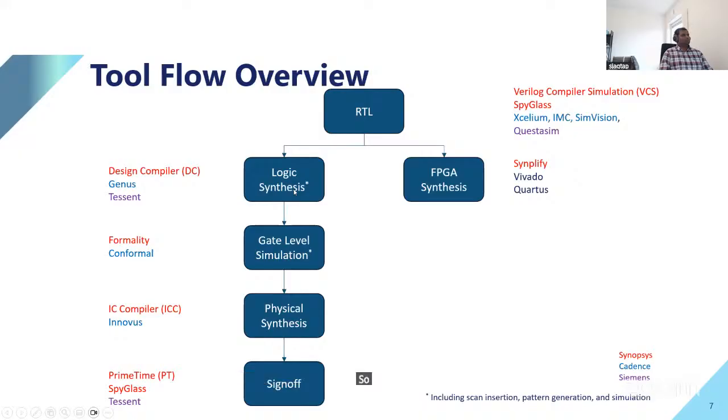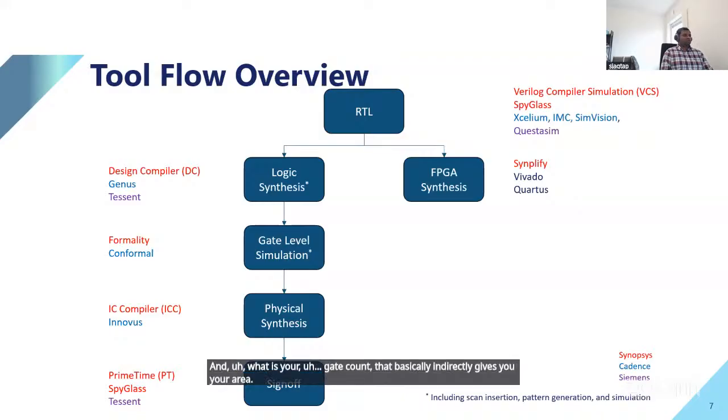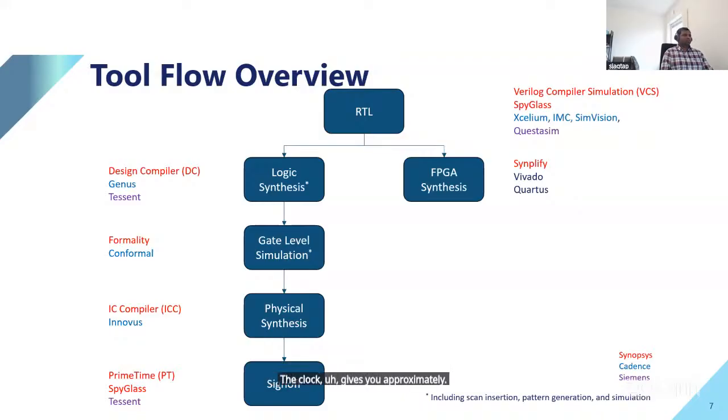So how fast your design should run, who is connected to whom, and what your gate count is. That basically indirectly gives you your area. The clock gives you approximately what speed you're aiming for.